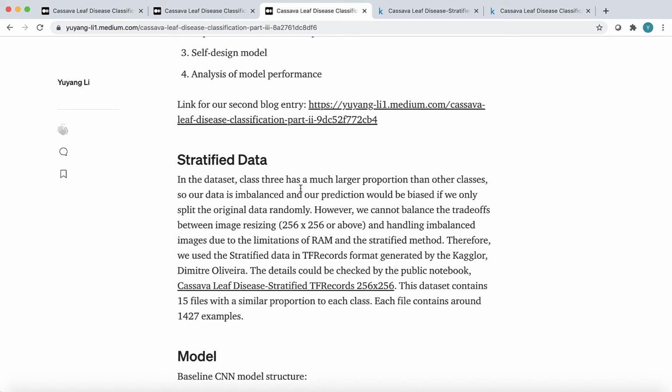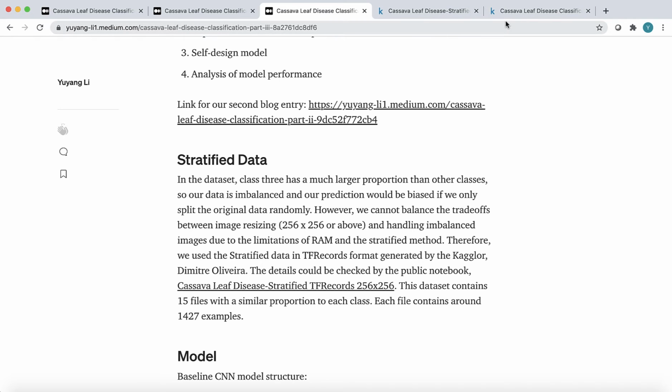So for optimization purposes, we use the TF record format since we would like to have 256 times 256 pixels or above resized images, but the TF record data given by Kaggle is not stratified.